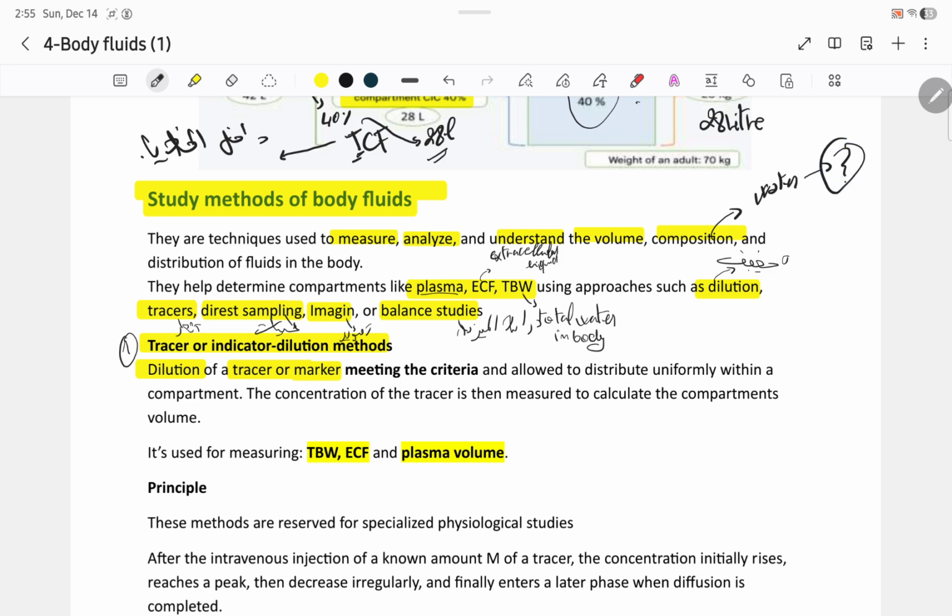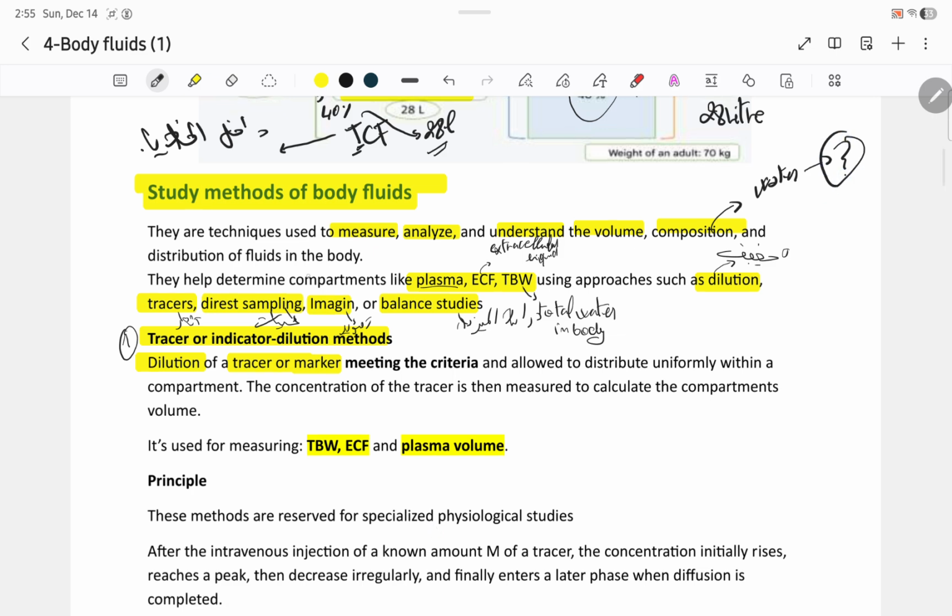This is so important. And the distribution of fluid in the body is also important. So they help determine compartments like plasma and extracellular fluid. Reminder, the extracellular compartment is the same as the extracellular fluid. Total body fluid can be measured using approaches such as dilution, tracers, direct sampling, imaging, or balance studies.